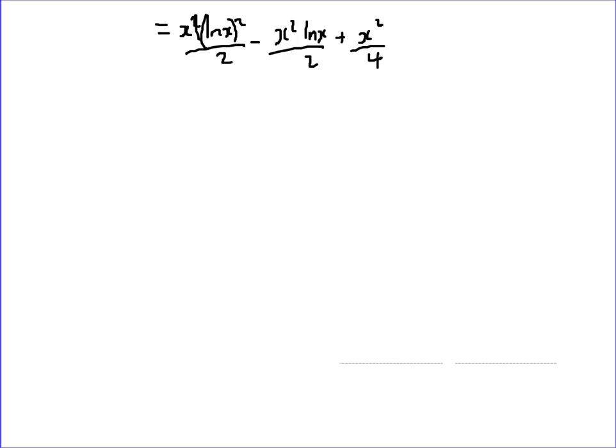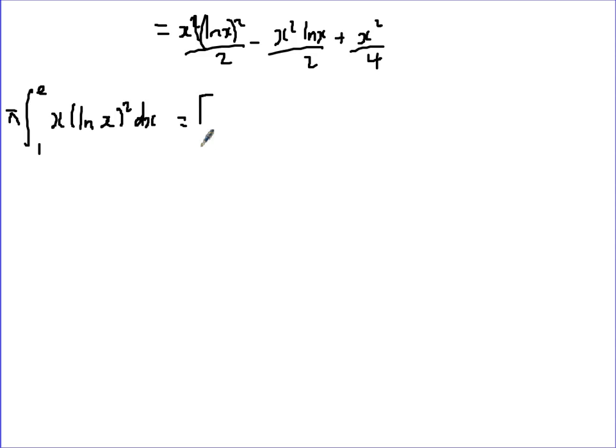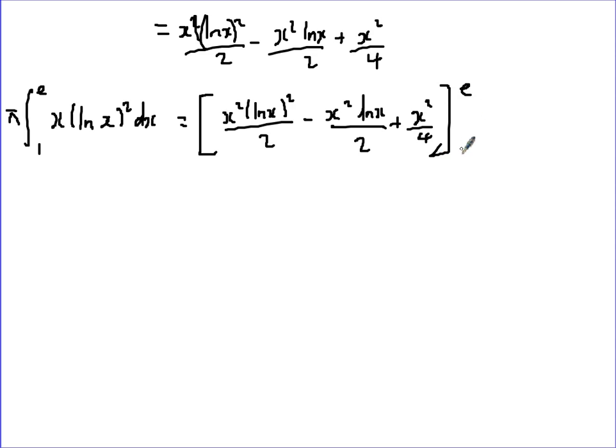So now what we're going to do is, with this integral, we have got pi on the outside, don't forget your pi, e to the 1, and it's then we're integrating, going back right to the start now, x of this, so then it's these values here, x squared (ln x) all squared over 2 minus x squared ln x over 2 plus x squared over 4, subbing in e and 1.